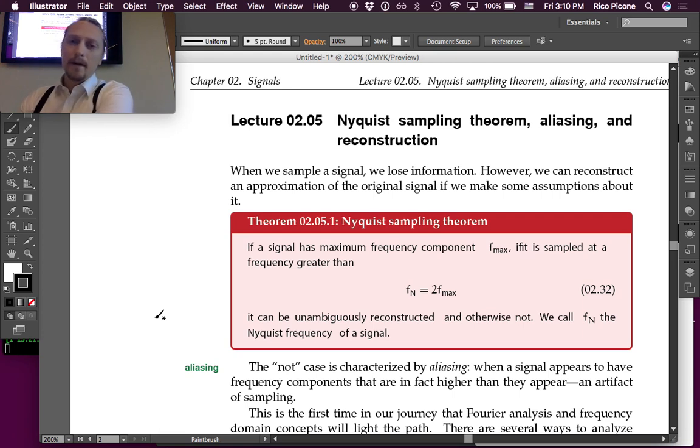So one of the main topics of this chapter, though, is sampling, right? It's pretty key when you're taking measurements and getting data is sampling the data.